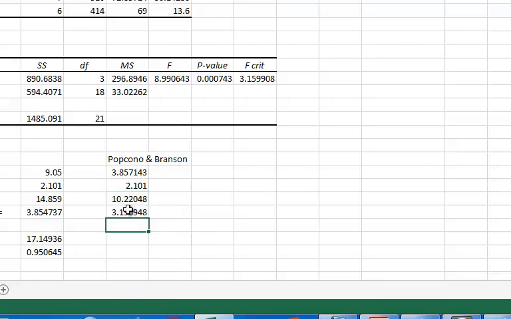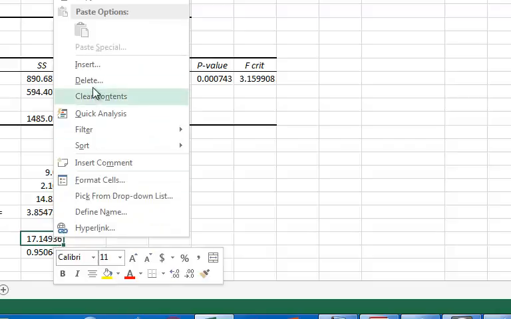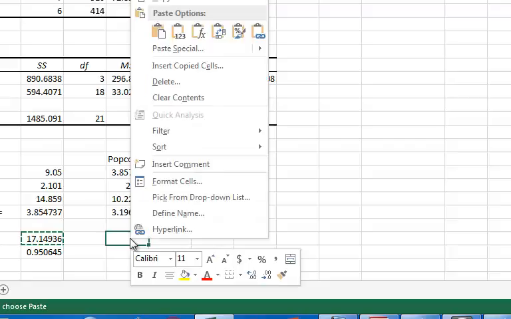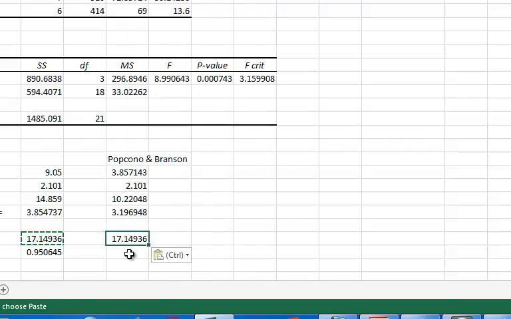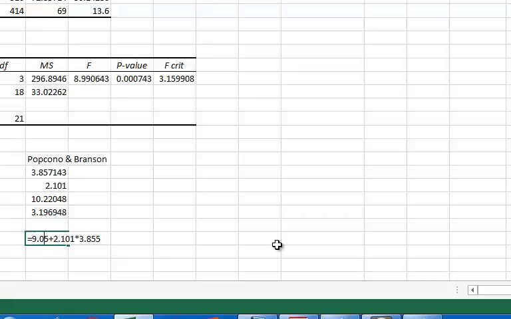And for the upper limit, this is 386 in this case, plus 2.101, times 3.. in this case 196 or 197 to round it.